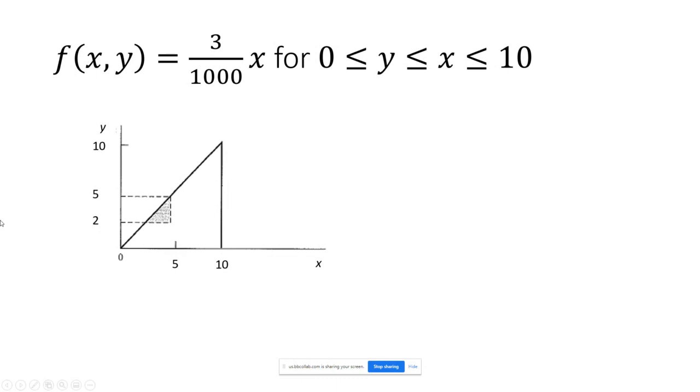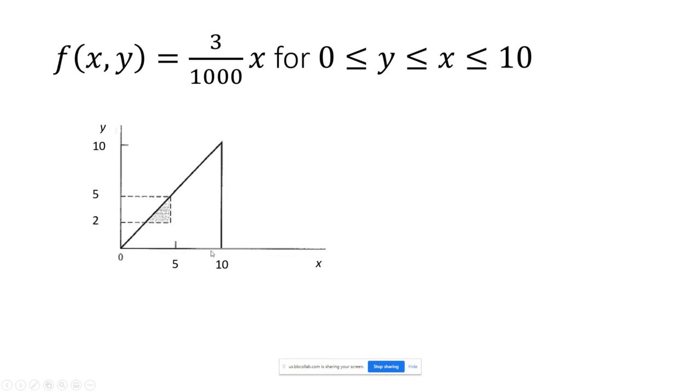So one way to picture this would be to just visualize the xy plane and sketch the region where the density function is positive. So the region y is greater than 0, so positive y-axis, y is less than x. So draw the line y equals x, and then we're going to be below that. And x is less than or equal to 10.